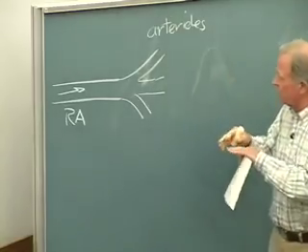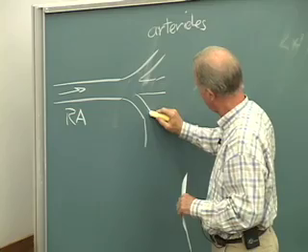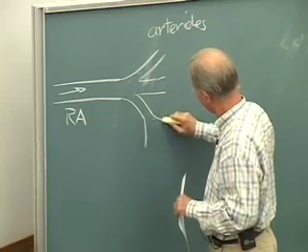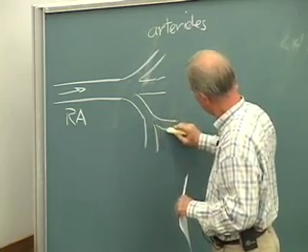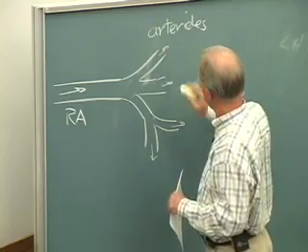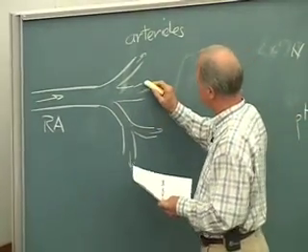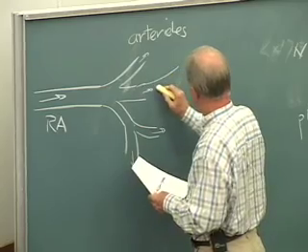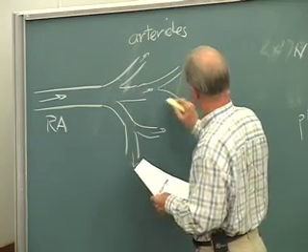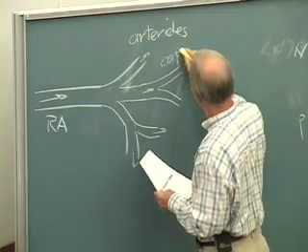So this big vessel keeps dividing inside the kidney. And let's just follow this particular one. And this keeps dividing again into capillaries.